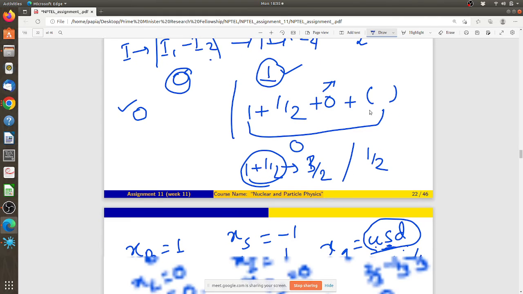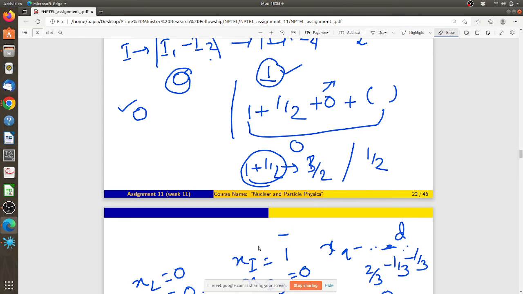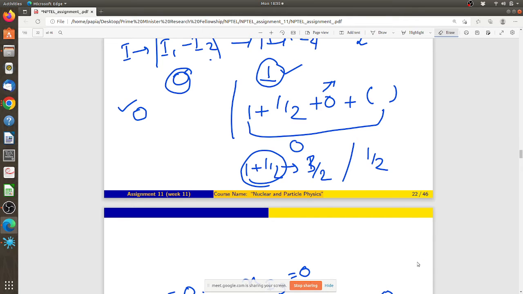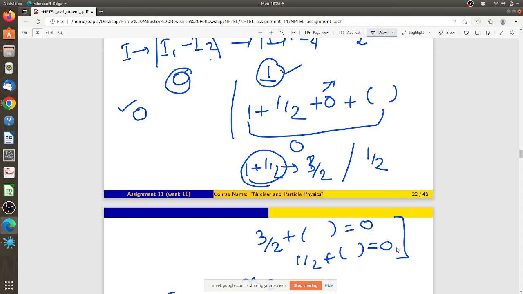So if I write in that right hand side 3 by 2 plus something or 1 by 2 plus something, these two possibilities are there for giving me a zero answer.